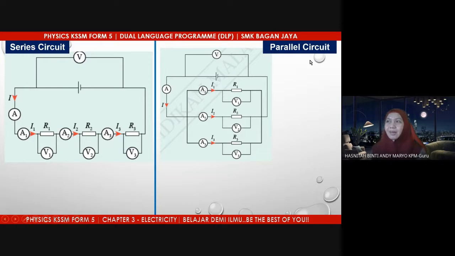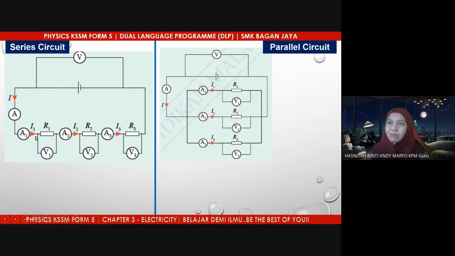You can see how the current flows in parallel and series circuits. In series, it flows in one way. For parallel, once the current enters the junction, it will be divided into 3 branches. If you have 5 branches, the current will be divided into 5, and so on. This is how the resistors R1, R2, and R3 are arranged, and this is the reading of the voltmeter.